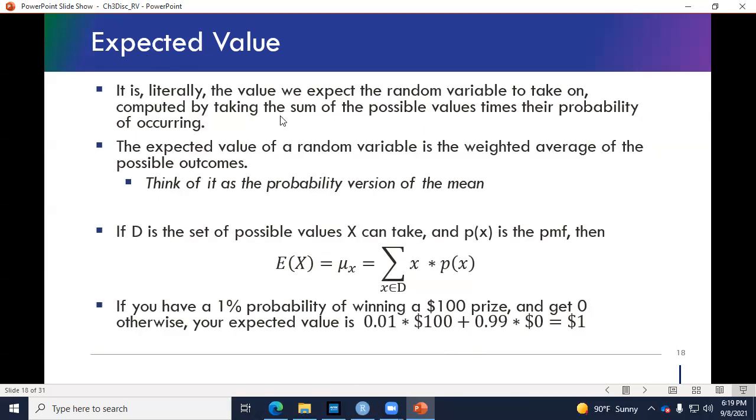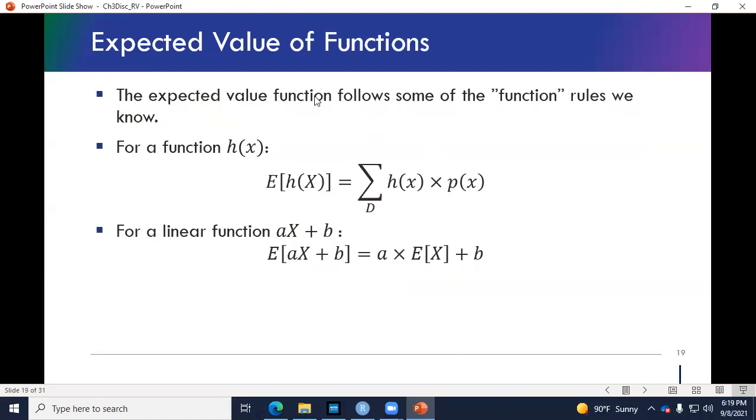So this is the expected value for a random variable. But when we talk about functions, it follows the function rules that we know. If we have h(X), the expectation of h(X), it's a function of a random variable. Our X is the random variable, and you take the expectation of it.